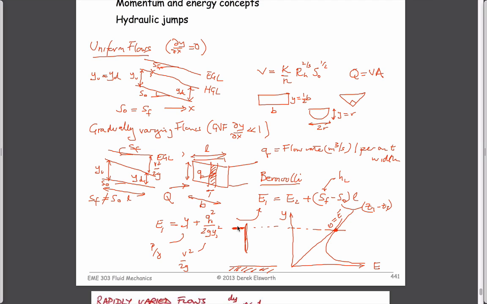If this is the amount of energy present in the flow, then downstream, if energy is conserved, the elevation downstream has to be this magnitude here. So this would be y upstream, this would be y downstream, just like these two components here.